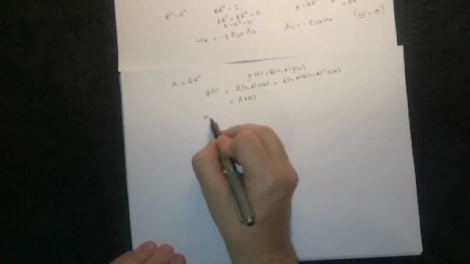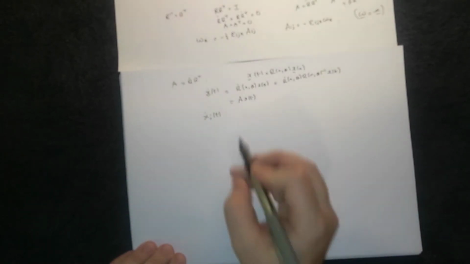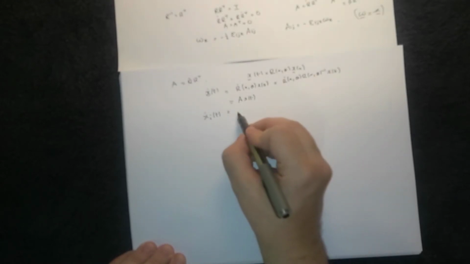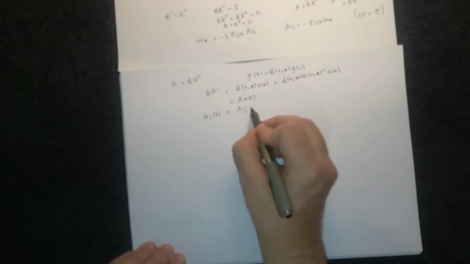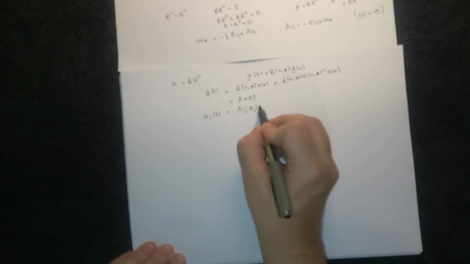But A was antisymmetric, so x_i of t dotted is going to be A ij x j of t.